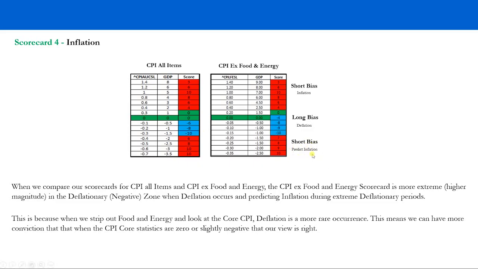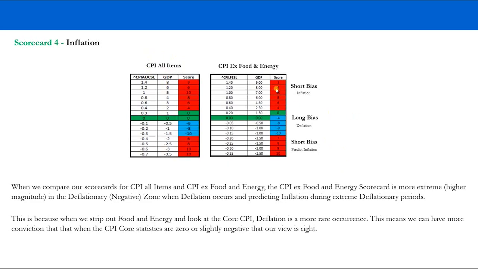So we predict inflation and we have a short bias. So the scorecards work in exactly the same way in terms of systematically scoring all CPI, but slightly tweaked in the way we scorecard for CPI ex food and energy relative to CPI all items, including food and energy.